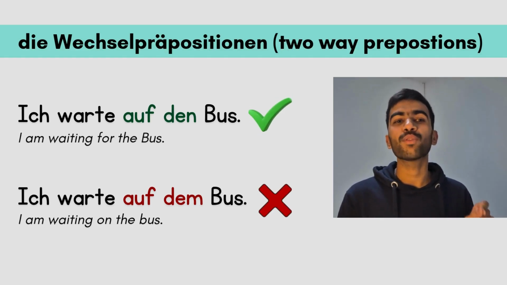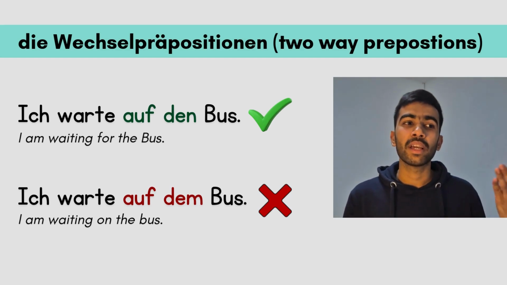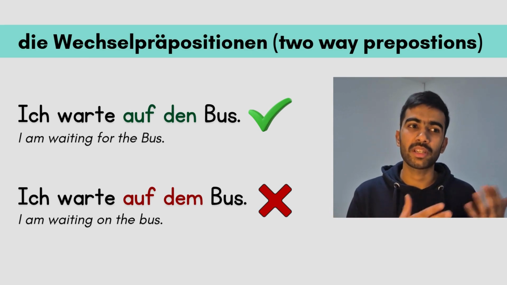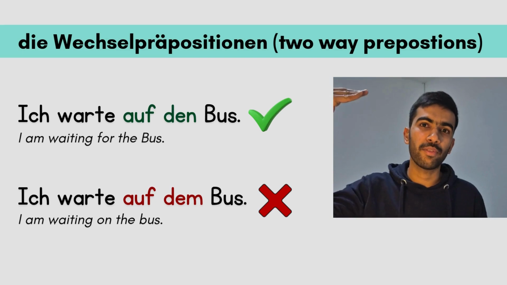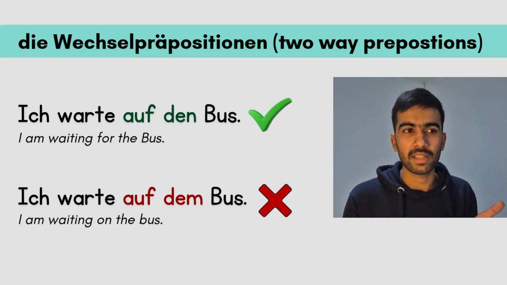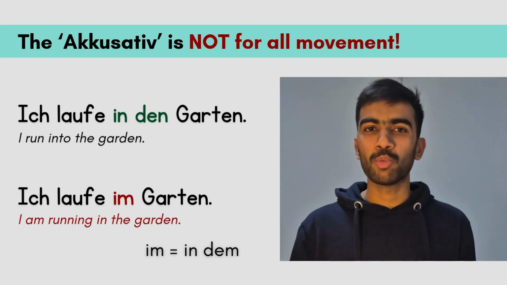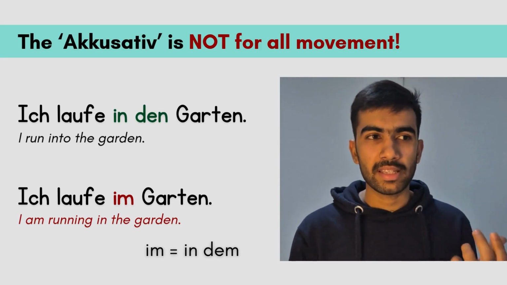Exactly, ich warte auf den Bus. It is the correct sentence, because if we are saying ich warte auf dem Bus, that will show our position because it is being used in dative, and the meaning will be I am waiting on the bus. So that's not correct, and you should not make this mistake while you're speaking. The accusative is not for all movement. Exactly, it is not. I'll explain with an example.